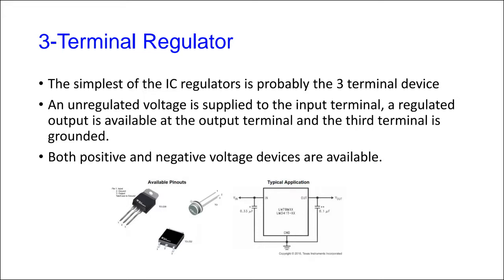This is the one where there's a metal tab on the back of the circuit that you have to attach to a heatsink, because if you were to make the 1 amp power supply that we spoke about, this too is going to have to dissipate the 8 watts, because you're putting in the same unregulated voltage, getting the same regulated voltage on the other side, and it's carrying the same current. So this has to dissipate 8 watts.